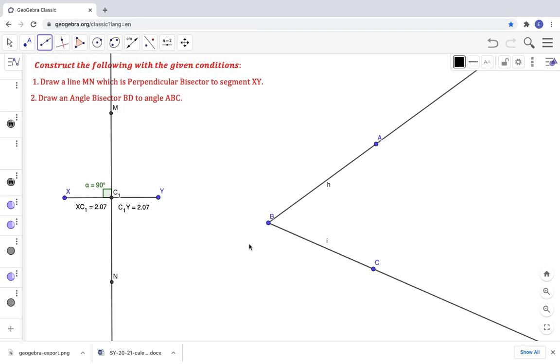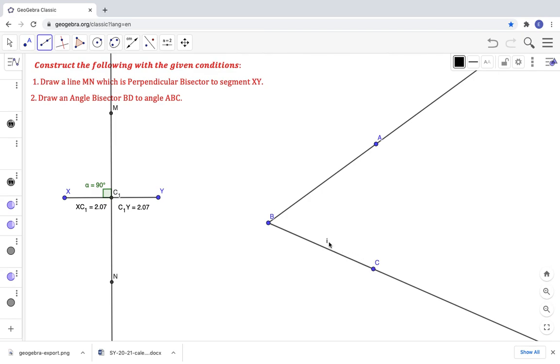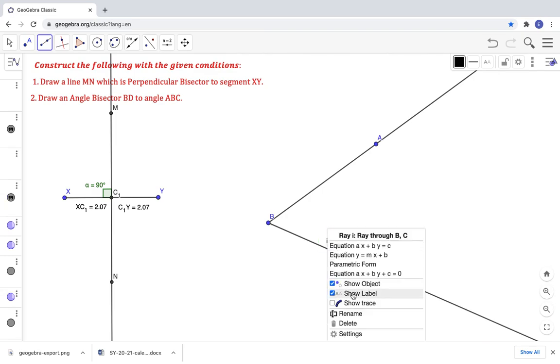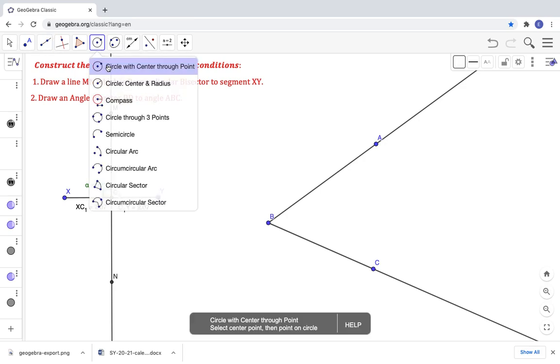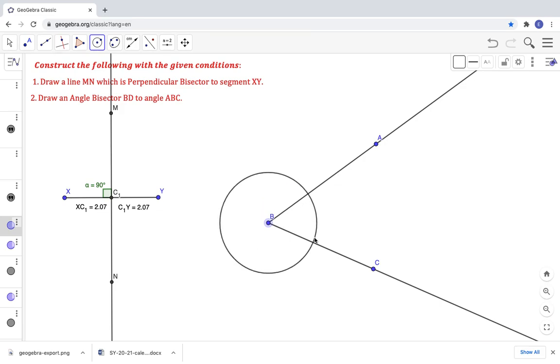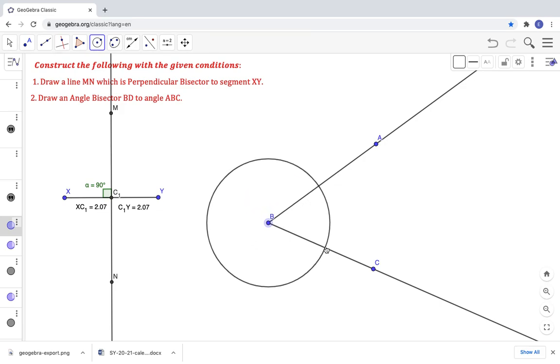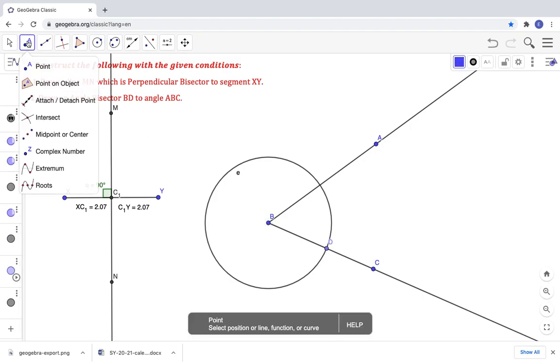Now, this is our angle ABC. So let us hide this unnecessary label here. Now, we want to draw an angle bisector BD to this angle ABC. In order to do that, we will use a circle again that will serve as our guide. So we will draw a circle just in the middle or halfway of point BC, and that point will serve as our guide.